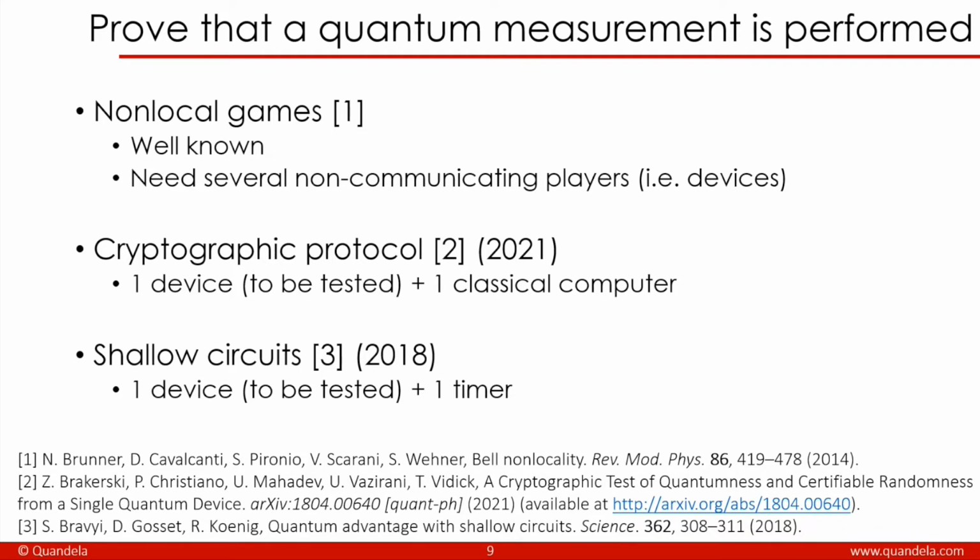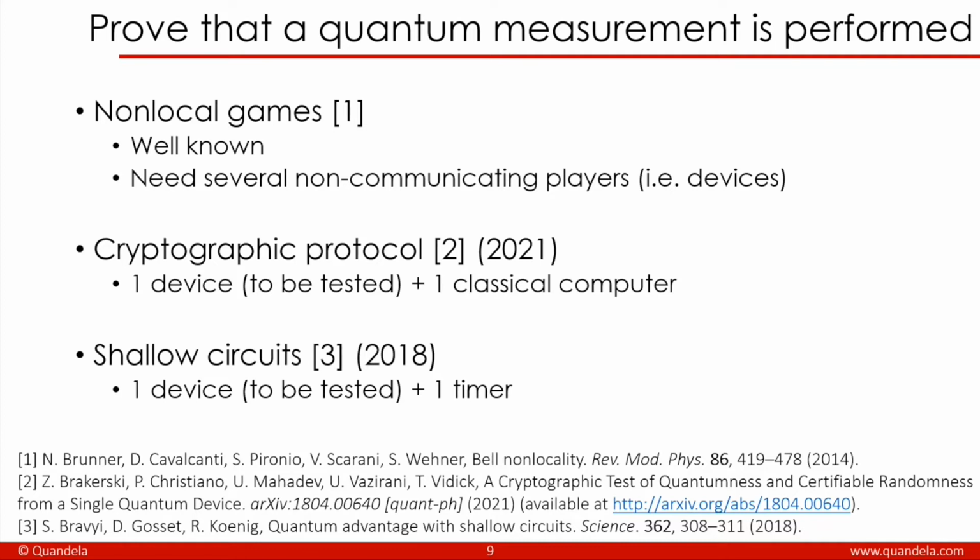It's a very well-known solution where you imagine that you have several players which cannot communicate, and the players are asked questions and they have to give answers, and depending on the questions and the answers, they either win or lose the game.